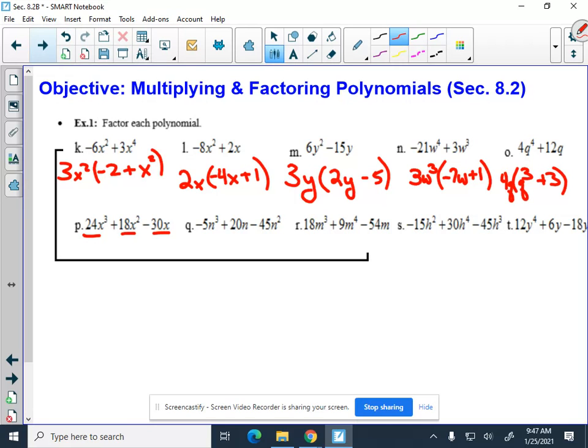Now, there is a way that we can use a calculator to find the greatest common factor.